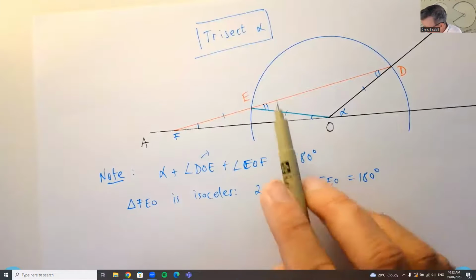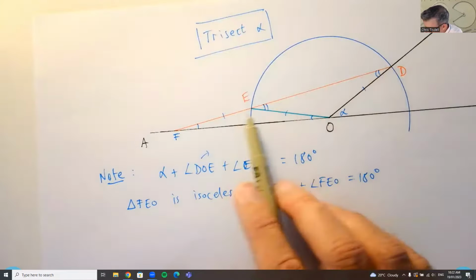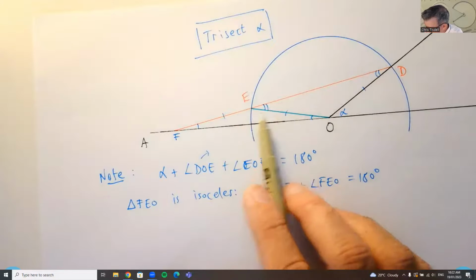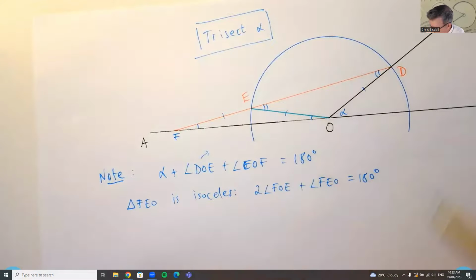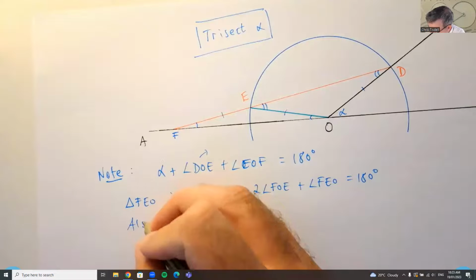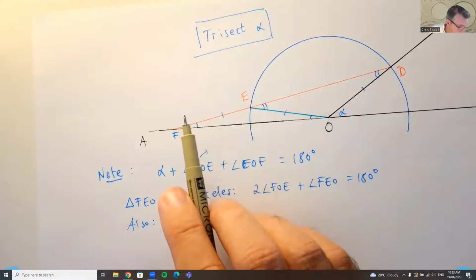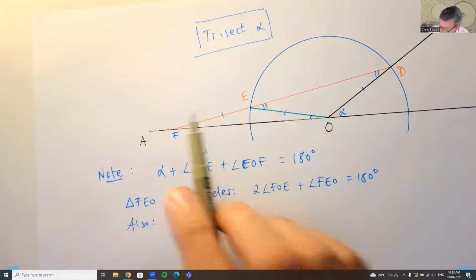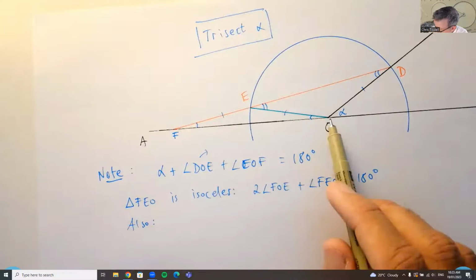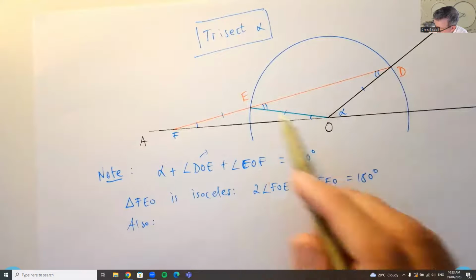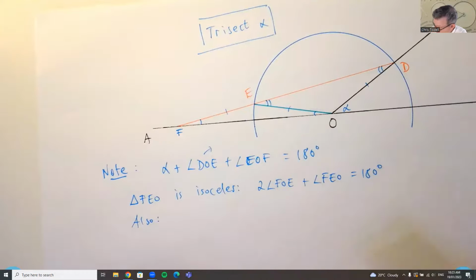Okay, and this angle here also adds up to 180 degrees. So angle FEO plus angle DEO equals 180 degrees.